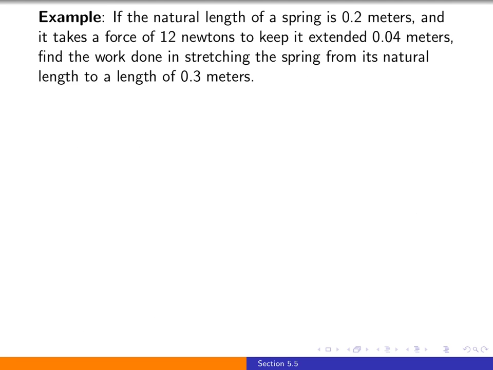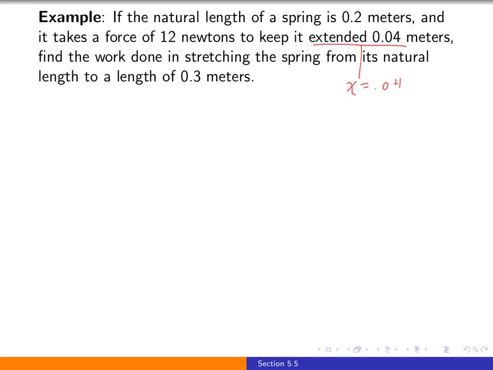So another similar example. The natural length of a spring is 0.2 meters, and it takes a force of 12 newtons to keep it extended 0.04 meters. So the 0.04 meters is how much it's been stretched. That's telling us an x value.